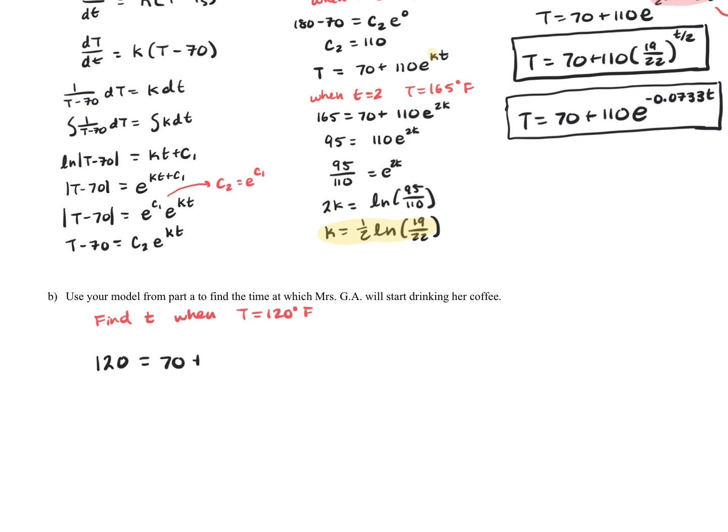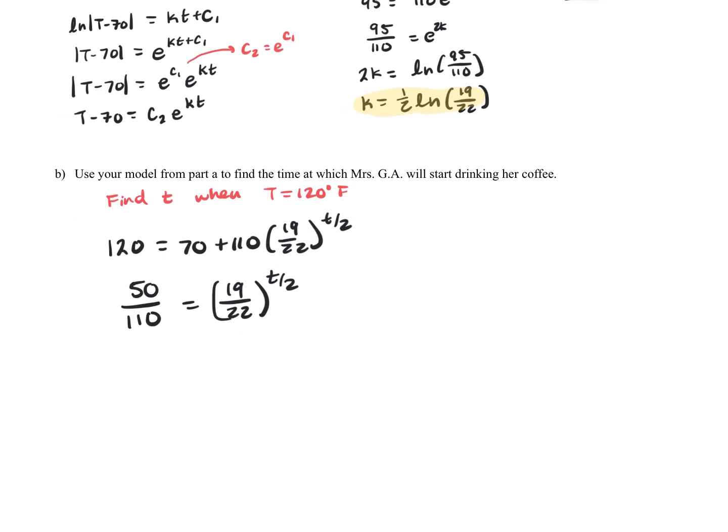So 120 equals 70 plus 110 times 19 over 22 to the power of t over 2. And then we're solving for t, so we're going to isolate our exponential term. So we end up with 50 over 110 equals 19 over 22 to the power of t over 2. And then we're going to rewrite this in logarithmic form. So it's going to be t over 2 equals log base 19 over 22 of 50 over 110, which is 5 over 11.